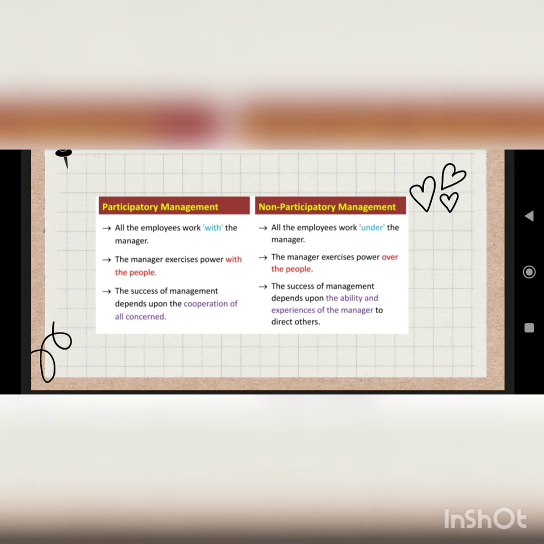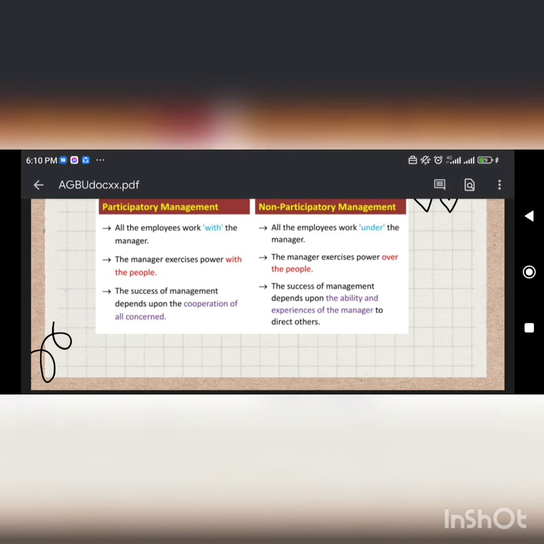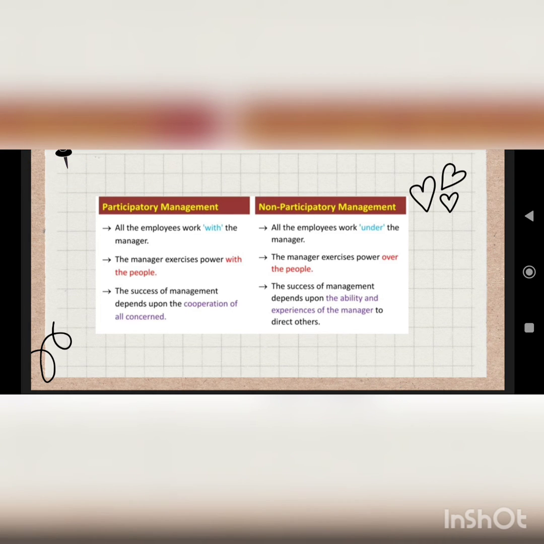So in participatory management, the manager and the people have the power to speak up, because the leader and the members will collaborate, while in non-participatory management, the manager exercises power over the people. So the manager will have the only power, and the members have no power to dictate or make decisions in non-participatory management.